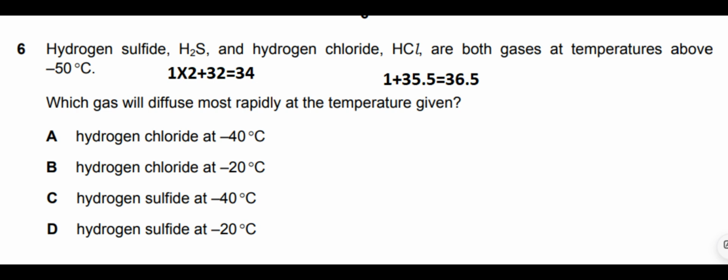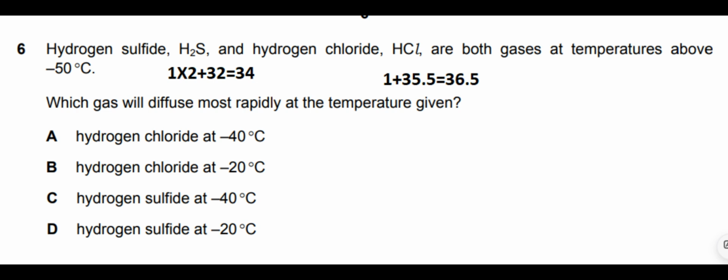That means -20 and -40 are higher than -50, because in the minus, the smaller the number, the bigger the effect is. So the temperatures given in the options are actually the higher temperatures, and hydrogen sulfide and hydrogen chloride are present as gases at these temperatures, -20 and -40.